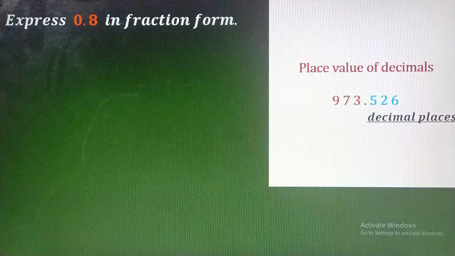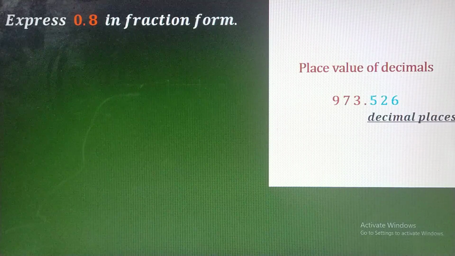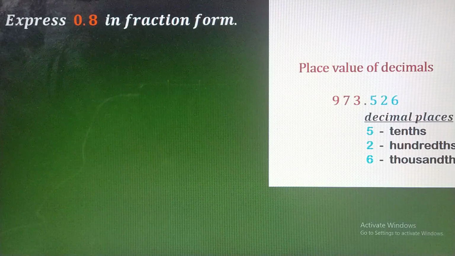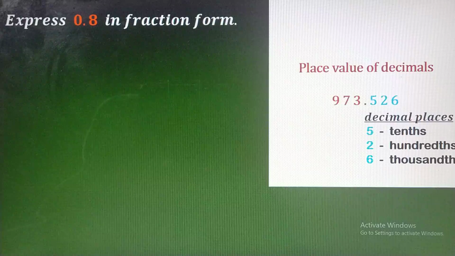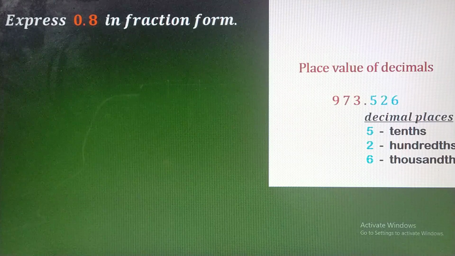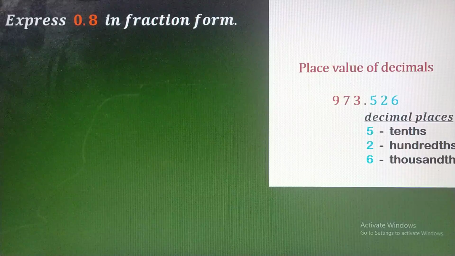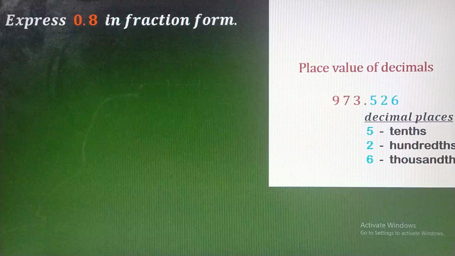Ano nga ba ang tawag sa place value ng bawat number? Yung 5 natin, dahil siya yung malapit sa decimal point, ang tawag doon ay tenths. Then, next number, hundredths. And yung pang third number, which is 6, ang tawag doon ay thousandths. Okay, so meron na siyang TH.